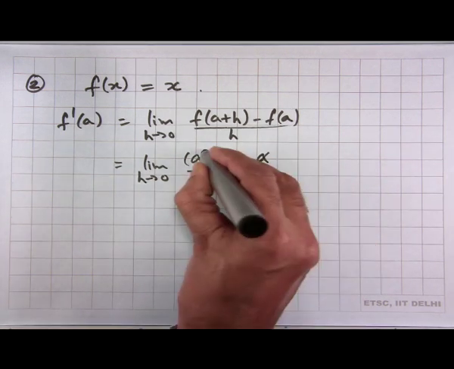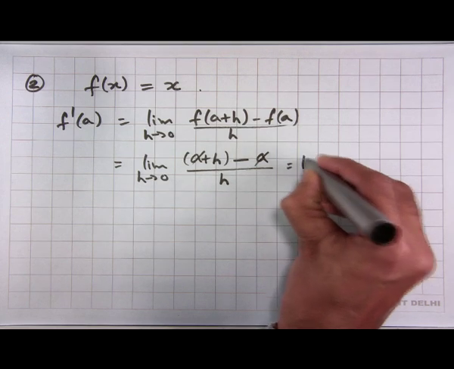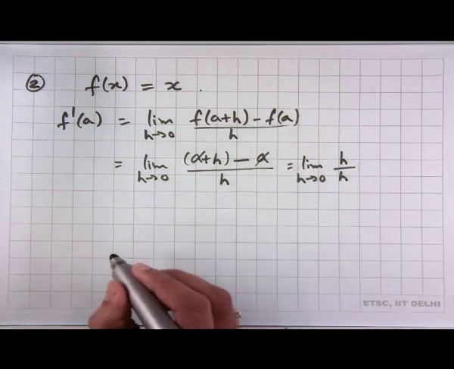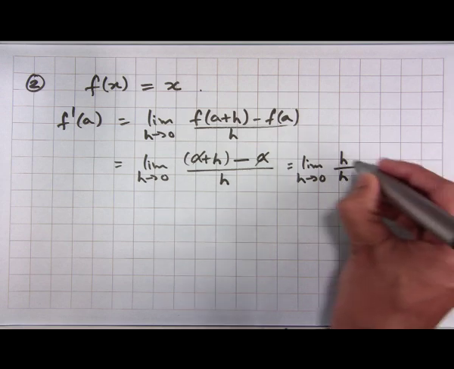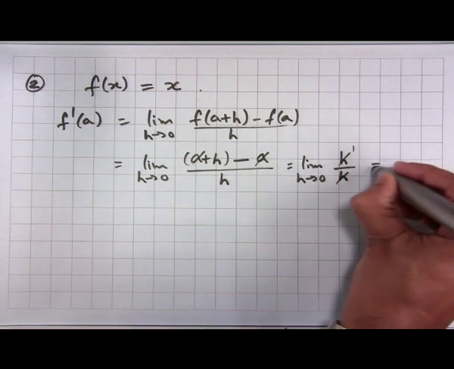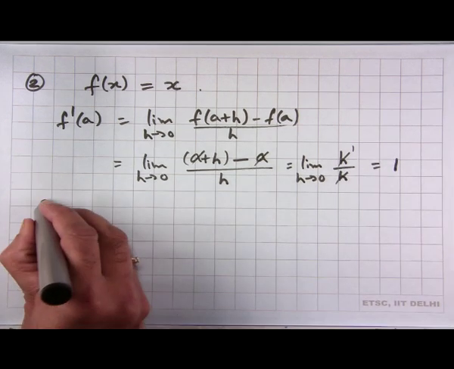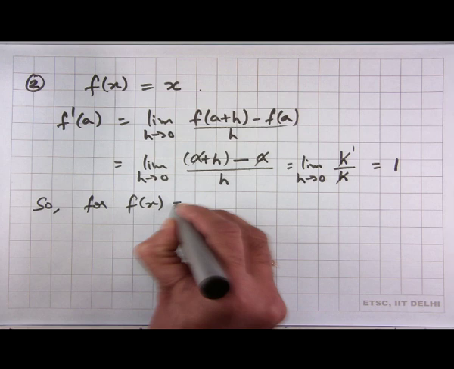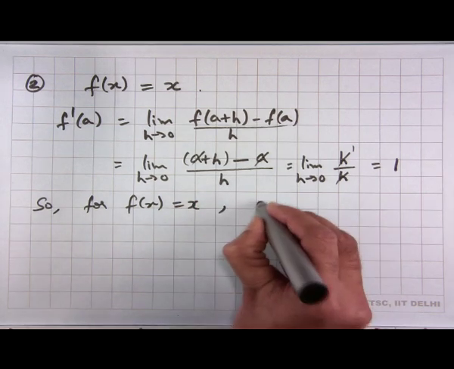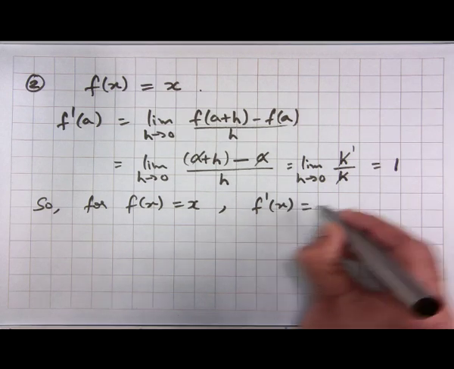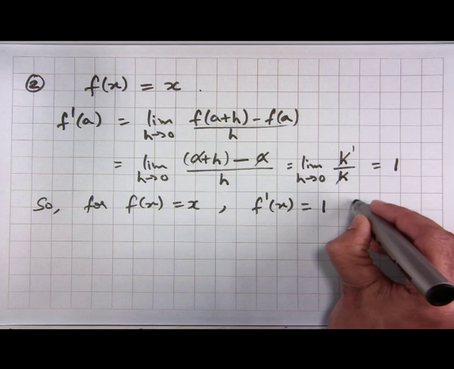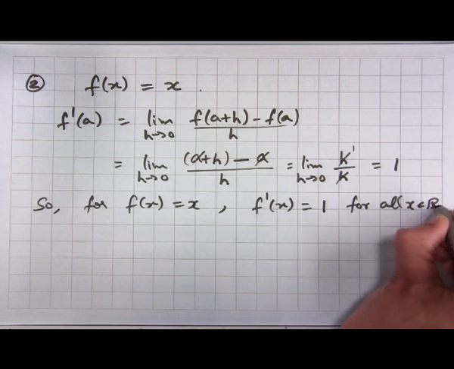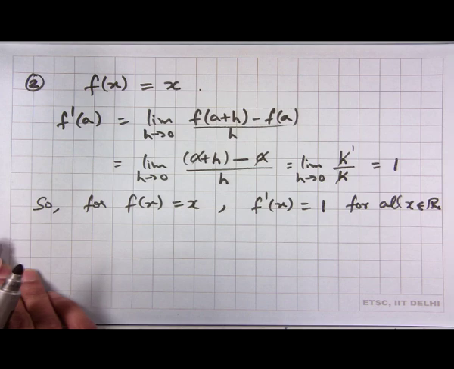Here a and minus a cancel. So, this is equal to the limit h going to 0 of h over h, and for any non-zero h, h over h is 1. So, this limit is equal to 1. So, for f x equal to x, the derivative f prime x is equal to 1 for all x in R. Okay.